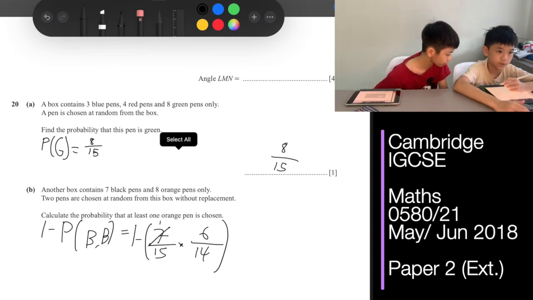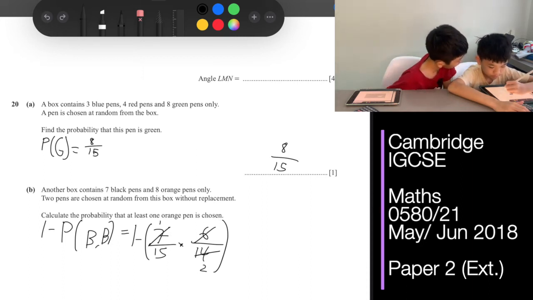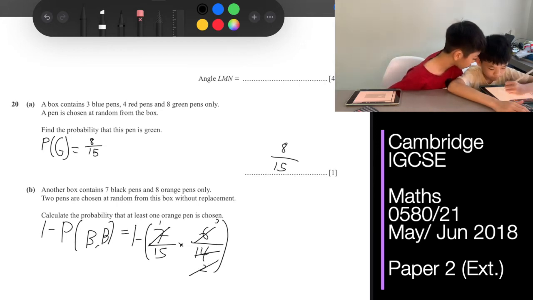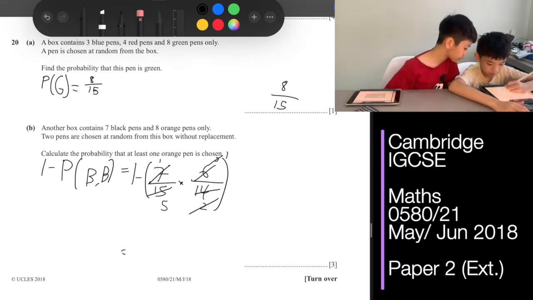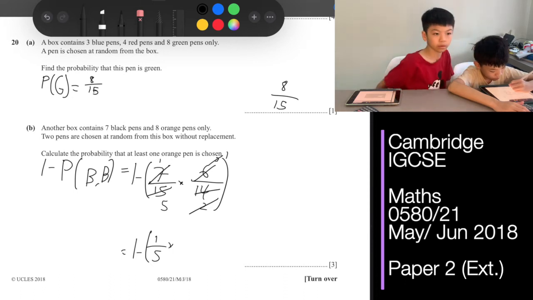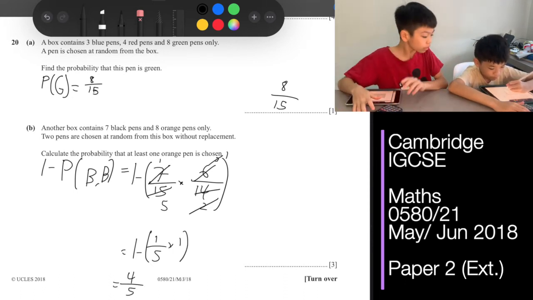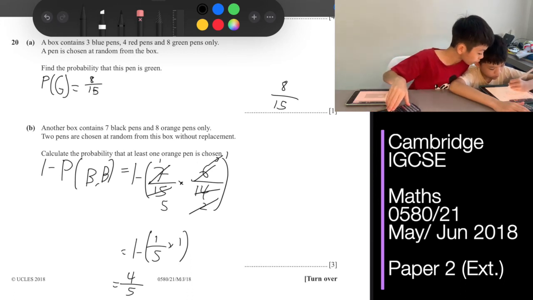So for those non-calculating users, we can just simplify, and then it's 1/5. 1 minus 1/5 is equal to 4/5.